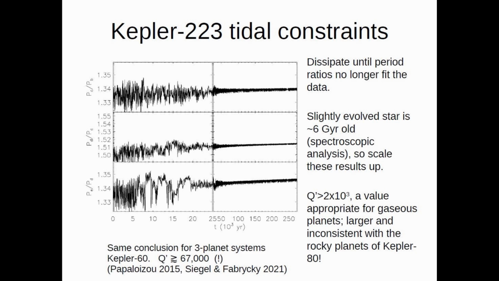It's about 1.5001. So this gives us an upper limit on dissipation for this system, which has about a 6 billion year lifetime. It comes in at over 2,000 as a Q. So that's larger than the rocky planets of the solar system and appropriate more towards the gas giants or the ice giants of the solar system.